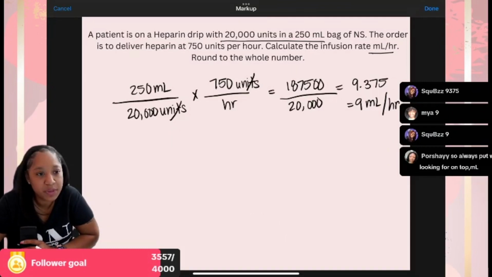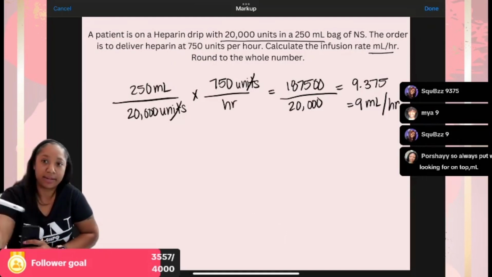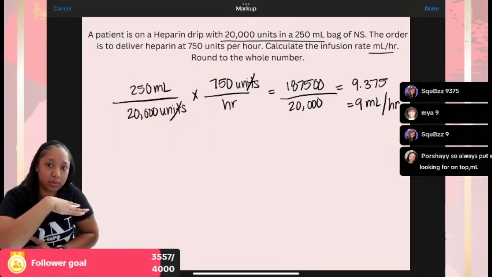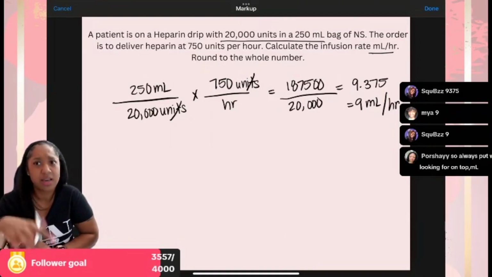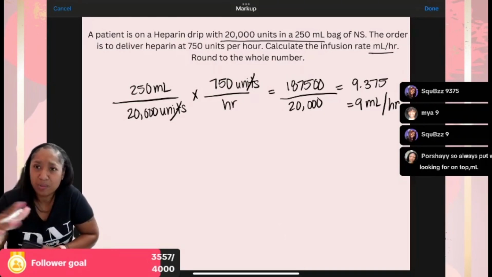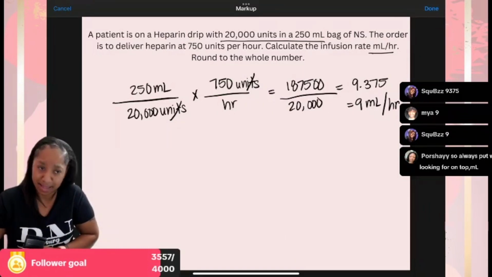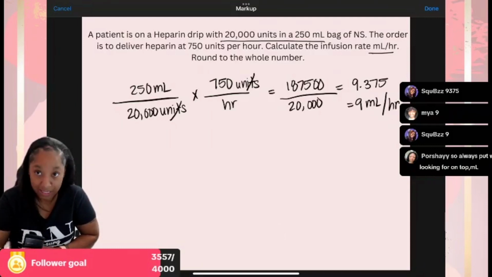So always put what you're looking for on the top. That's how I do it. It makes sense, because you want mLs or milligrams or tablets, whatever it is that you're looking for, to be there. So put what you're looking for first, and then you can cross everything else out. It works methodically.